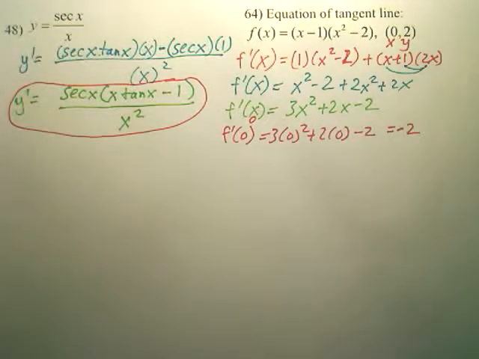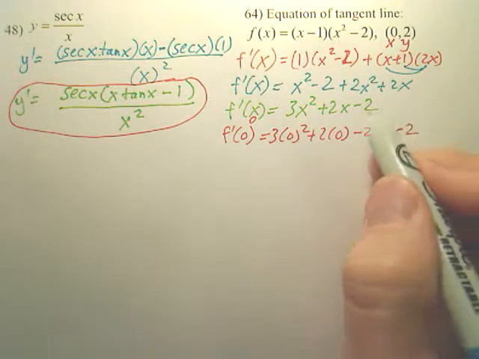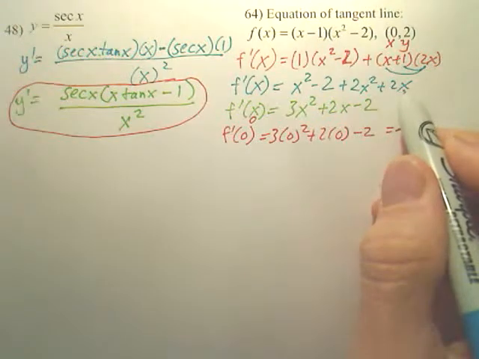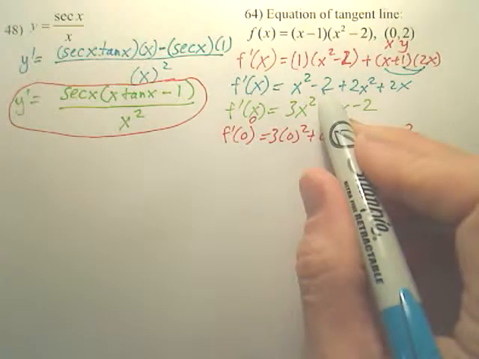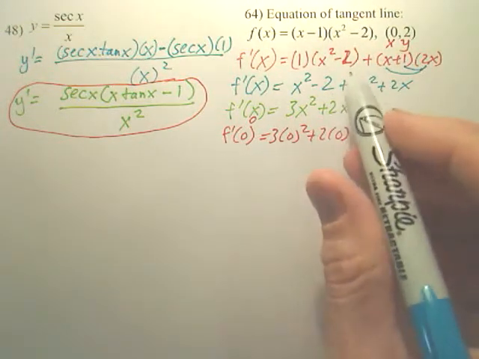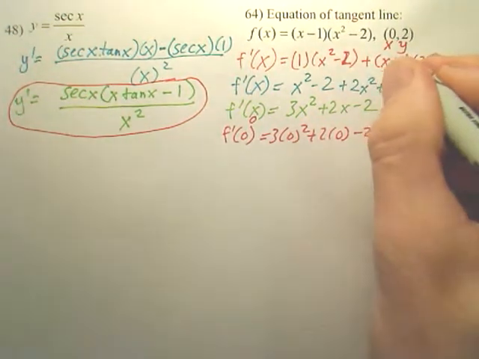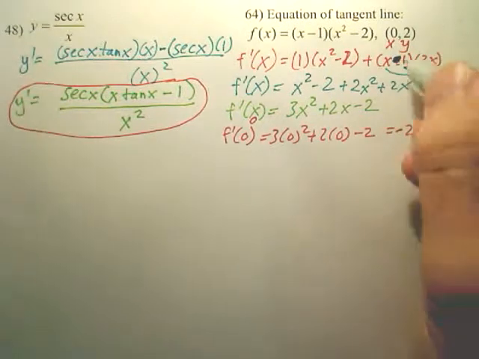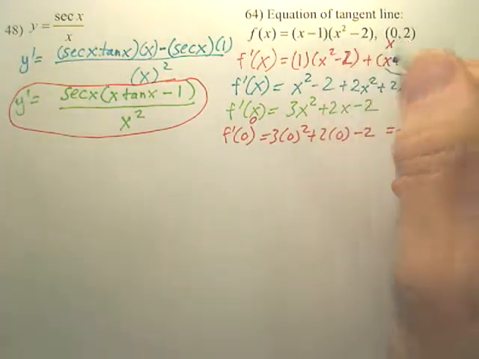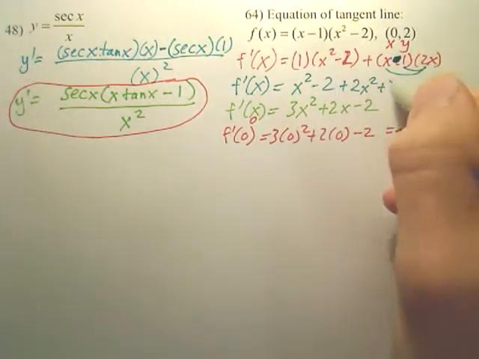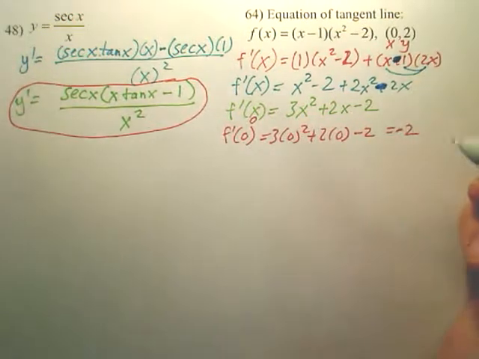Now, the equation of the tangent line, did I mess up somewhere? Yes. Where? This should be a minus 1? That should be minus 1? So that should be a minus 1. Good. So if that's a minus 1, that would change this to a negative 2x, correct?